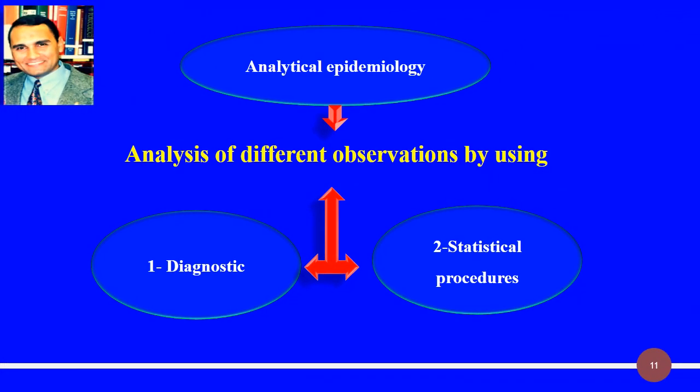Analytical epidemiology works through analysis of different observations by using diagnostic procedures and statistical procedures. The key feature of analytic epidemiology is a comparison group.